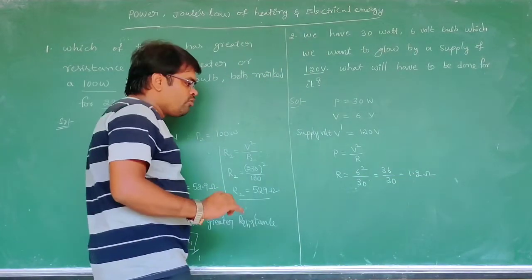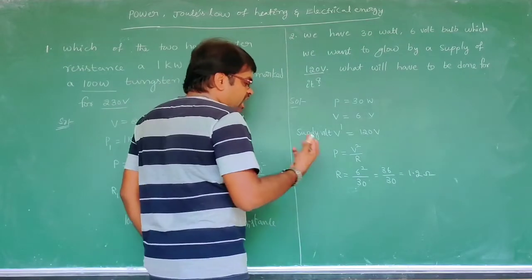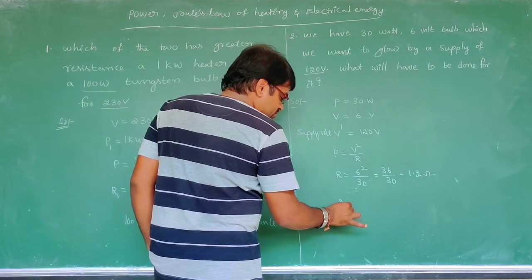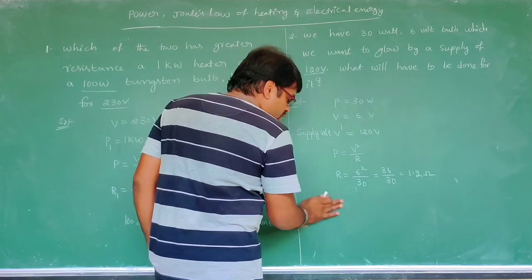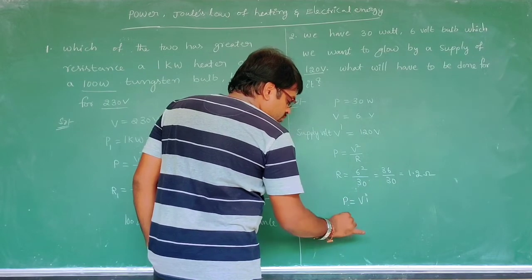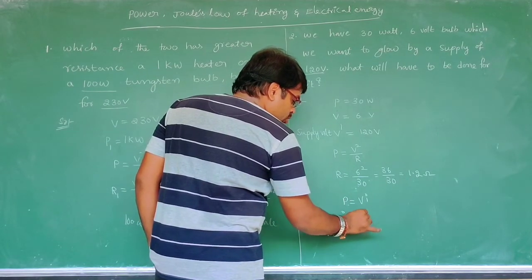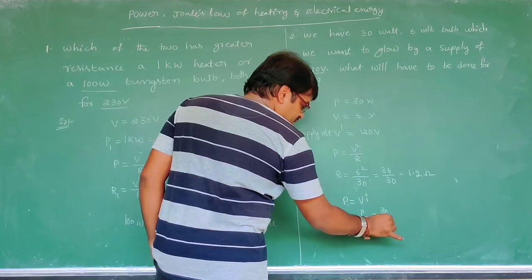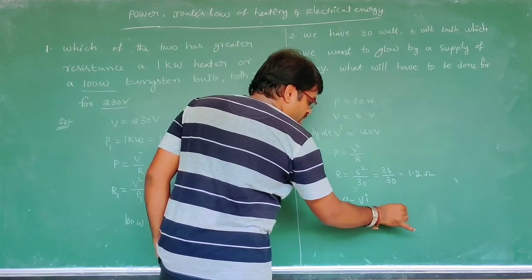Now finding the current capacity of the bulb, I. The formula is P is equal to V I, so I is equal to P by V, that is 30 by 6, which is 5 ampere.